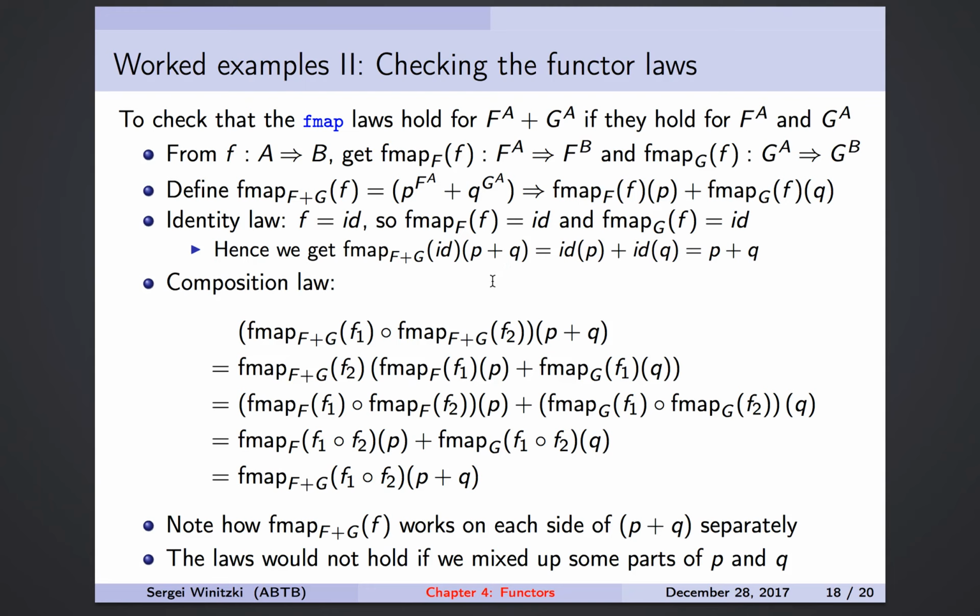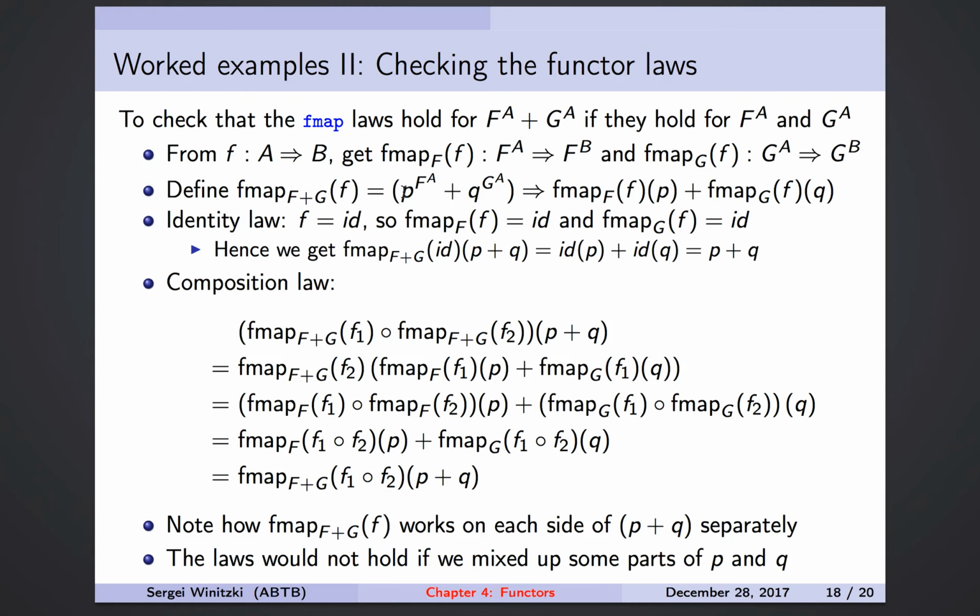Let us check the laws. We have defined the function Fmap F plus G. Let's check that the laws hold for it. First law is the identity law. If f is identity, then Fmap F plus G of identity must be identity. And we assume that the law already holds for the F and G Fmaps. So this is a quick check.